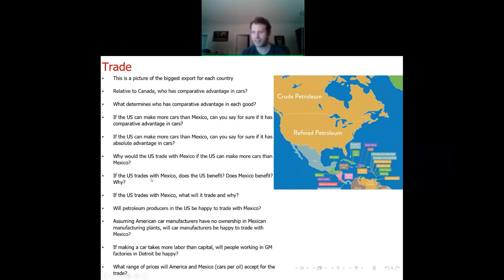If the price lies exactly on their opportunity costs, then one country benefits and the other does not lose, and vice versa. So if the trade of petroleum per cars was exactly equal to the US's opportunity cost for petroleum per cars, then they would be indifferent to trading, and Mexico would want to trade.